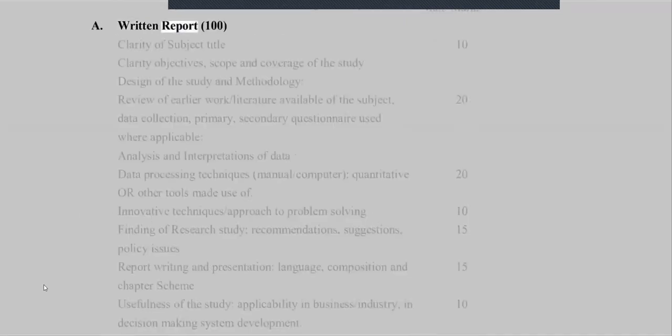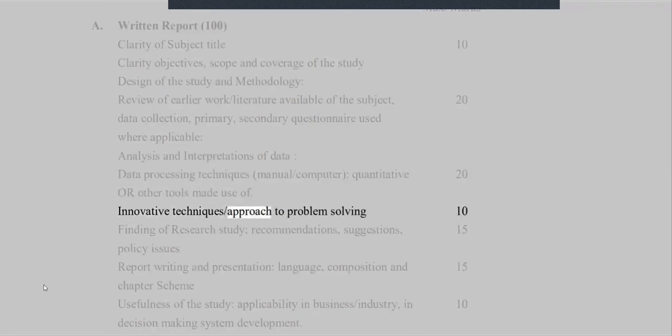A. Written report 100. Clarity of subject title 10. Clarity of objectives, scope and coverage of the study, design of the study and methodology, review of earlier work, literature available of the subject, 20. Data collection, primary, secondary, questionnaire used where applicable, analysis and interpretations of data, data processing techniques, manual, computer, quantitative, 20, or other tools made use of.